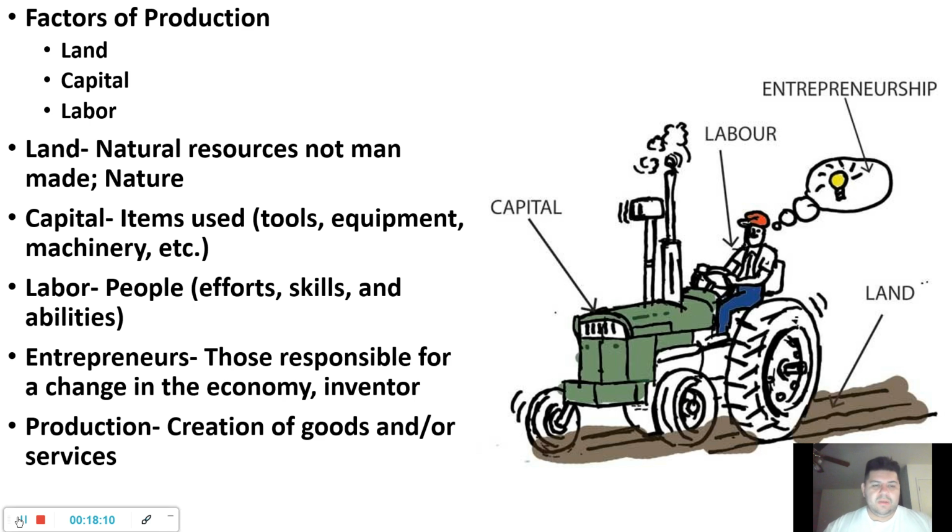Now, this word is one that a lot of businessmen like to use. It's called entrepreneurs. These people are responsible for a change in the economy. A lot of them are inventors. People like Steve Jobs, that's an entrepreneur. Bill Gates, entrepreneur. They do things to create jobs. They create products that people want, that are going to sell.